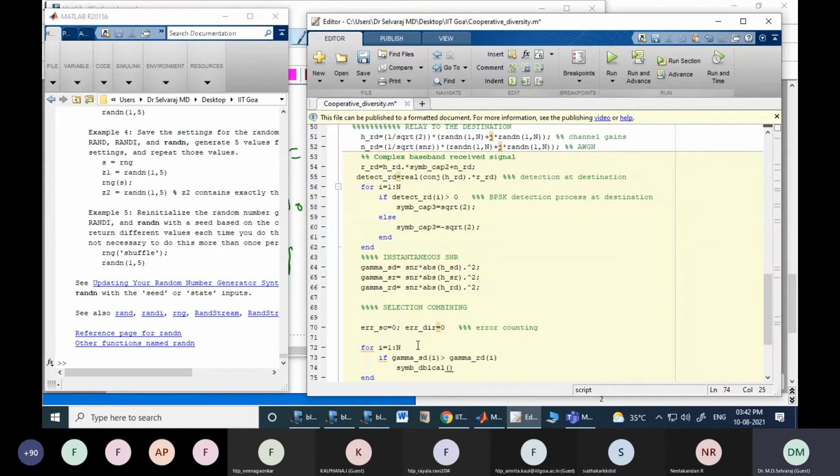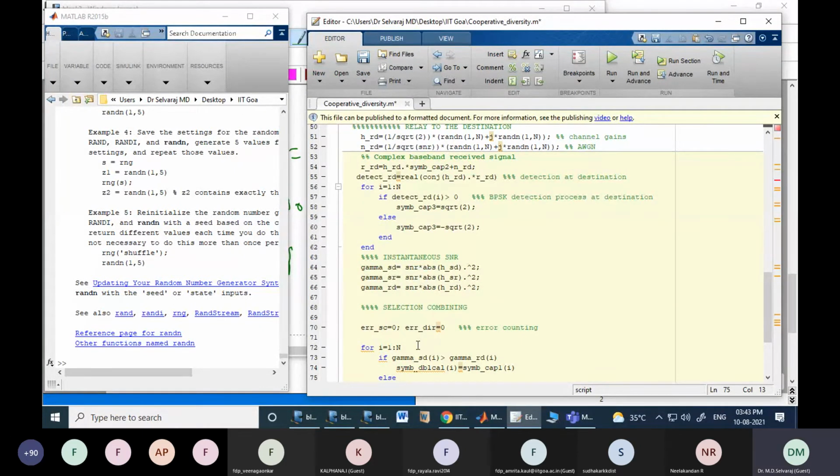So symbol double cap of i is equal to, since the ST link is greater than the RD link, that particular symbol cap 1 of the ith symbol. That one you are storing here.